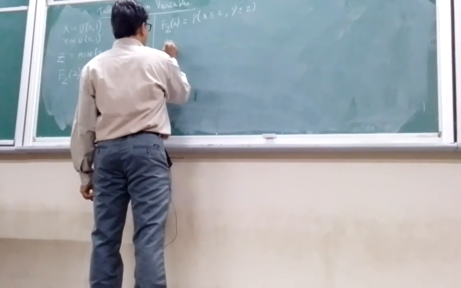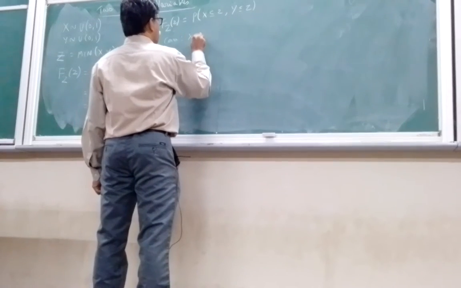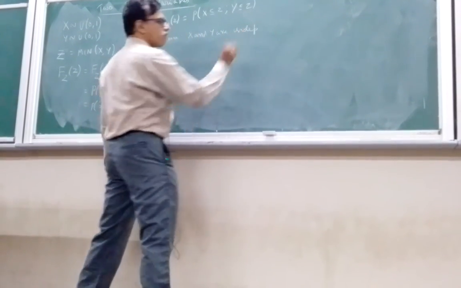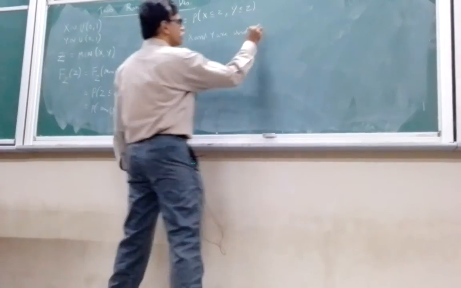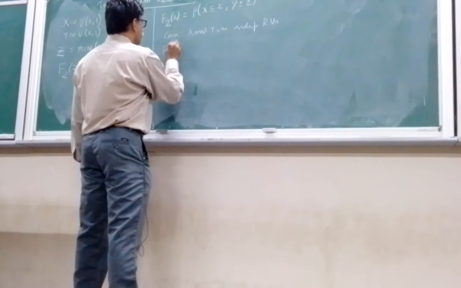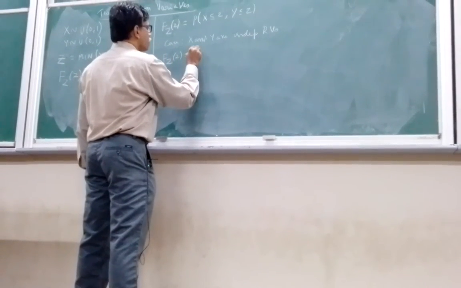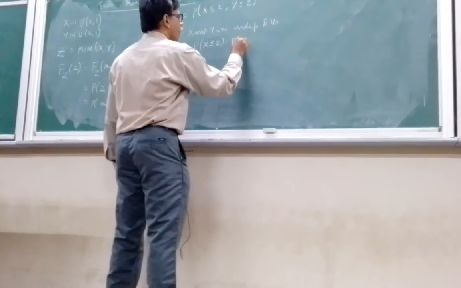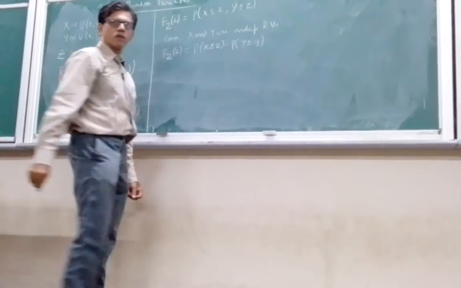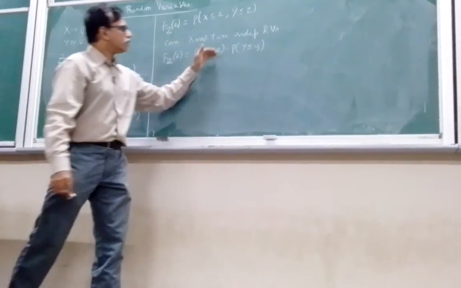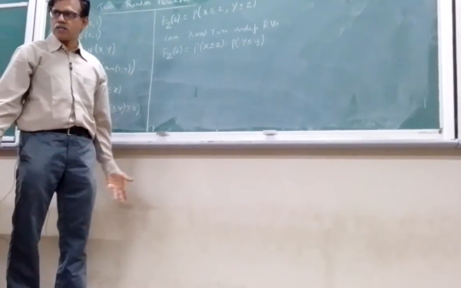Let's take a case where X and Y are independent random variables. Then this factorizes into their individual terms.